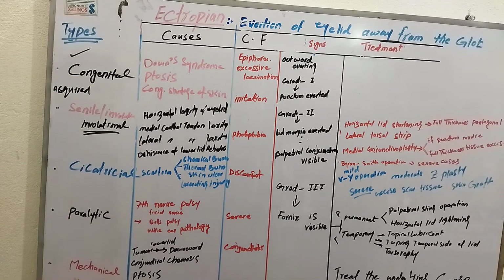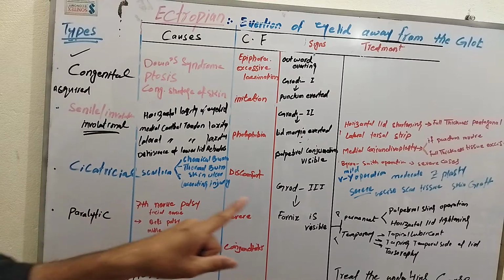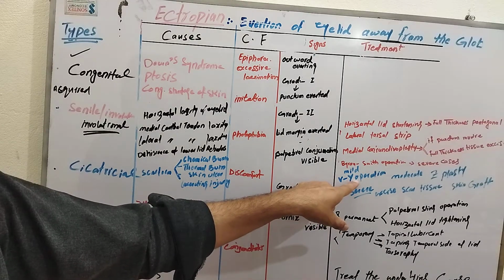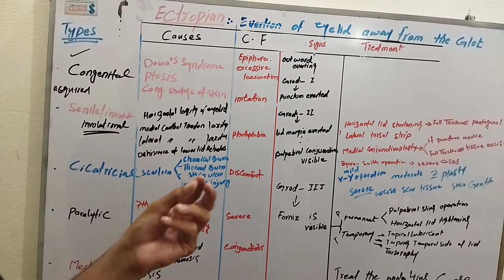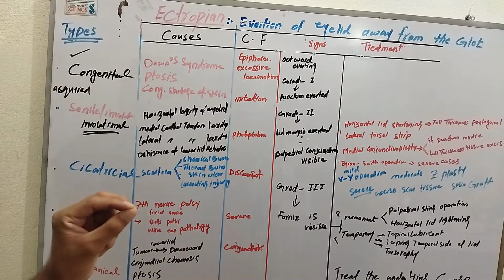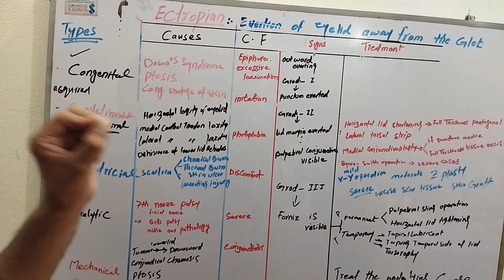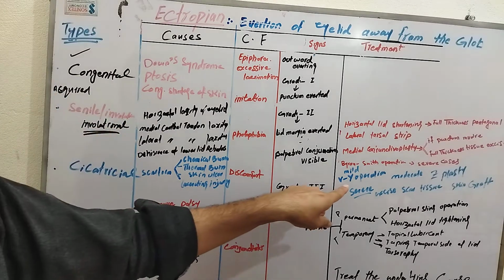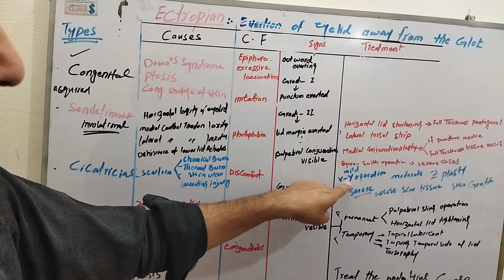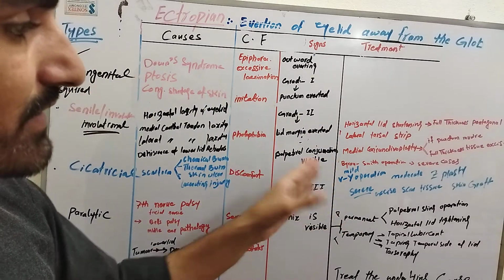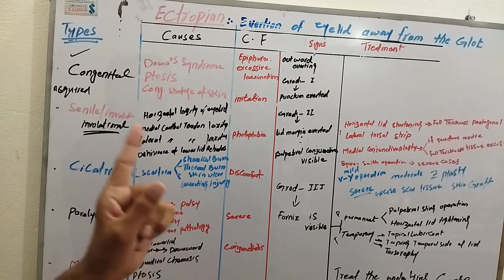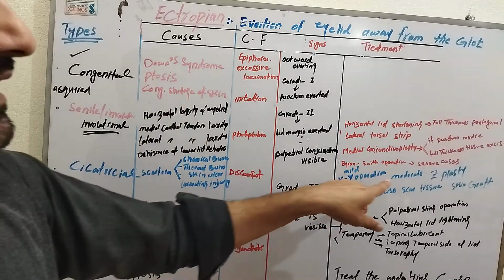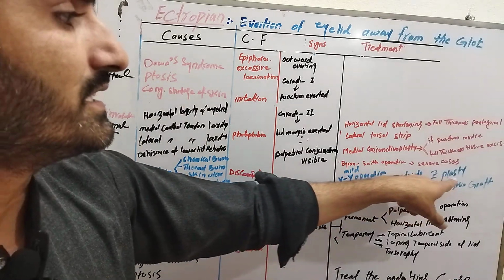Now we are going toward the treatment of cicatricial. Here we will do VY operation only in mild cases. What is VY operation? We excise a V-shaped part of skin, and we perform suturing in a Y shape. In the alphabet, after Y there is Z. In moderate cases we will do Z-plasty.